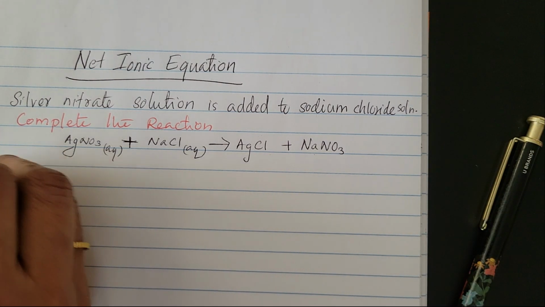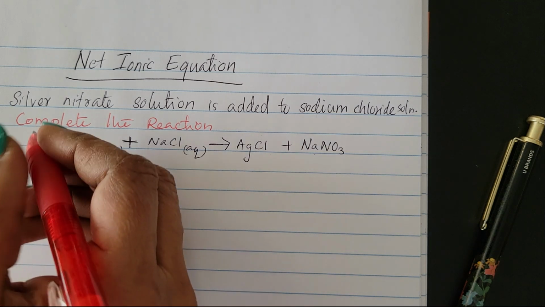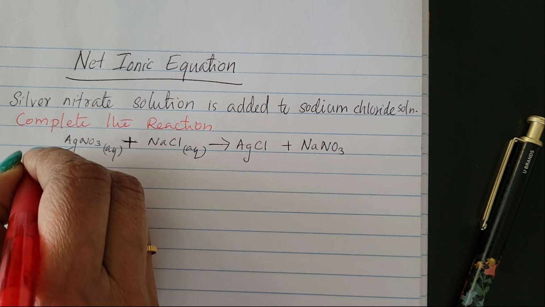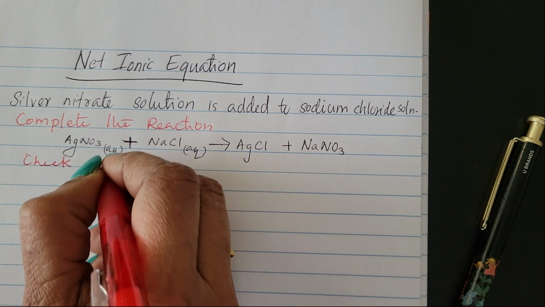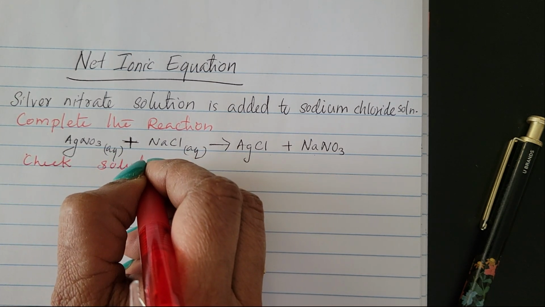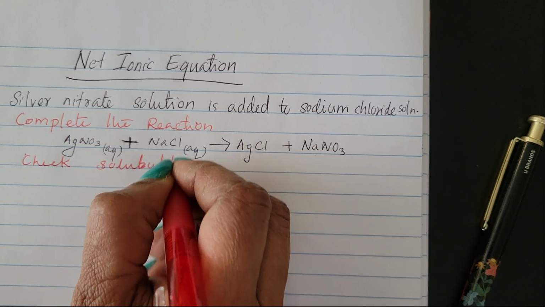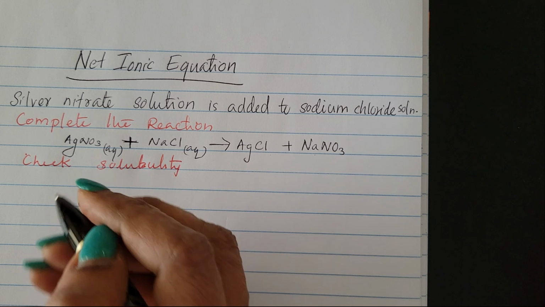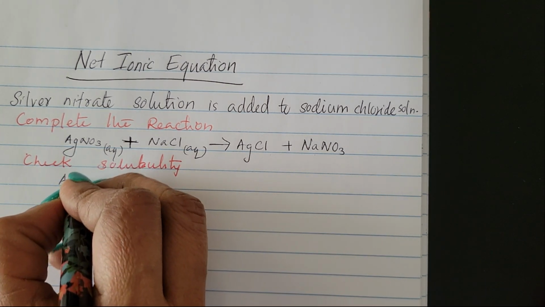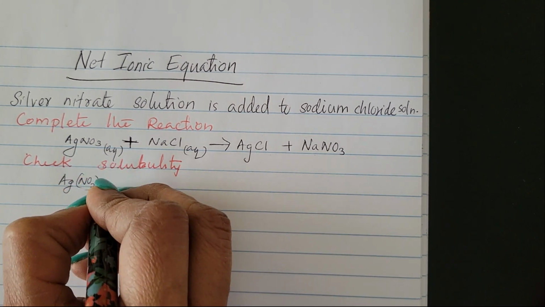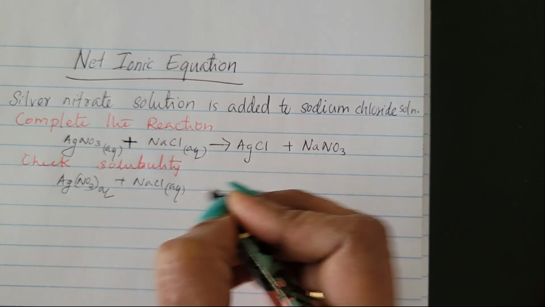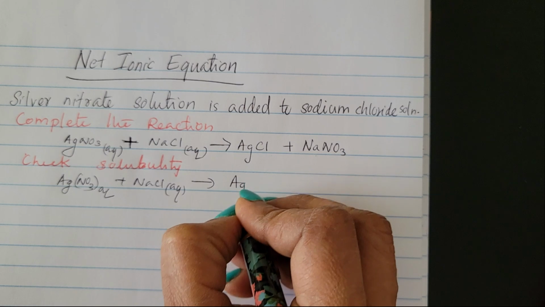Second one, I'm repeating each time, so you also do like that first time. Check the solubility rule. I'm going to repeat that one more time. AgNO3 aq plus NaCl aq giving AgCl.